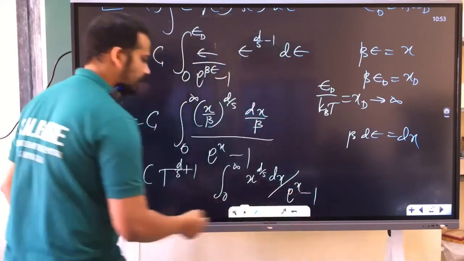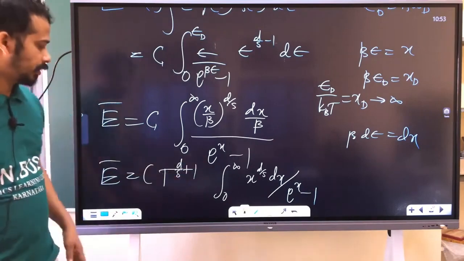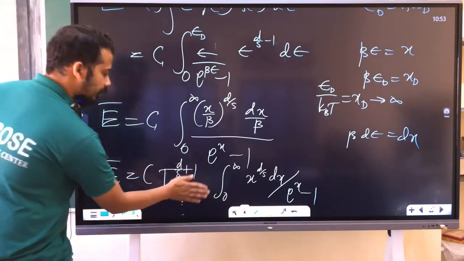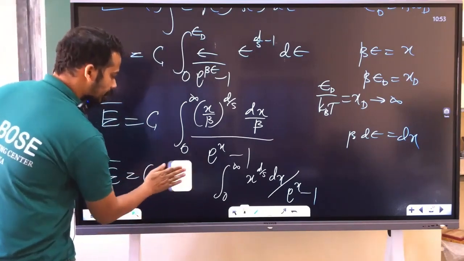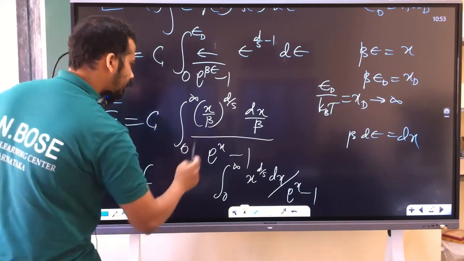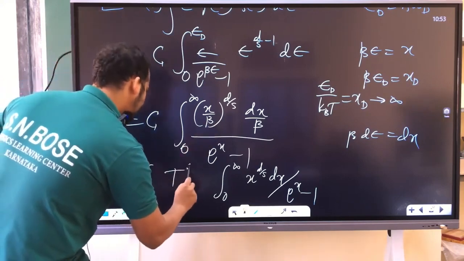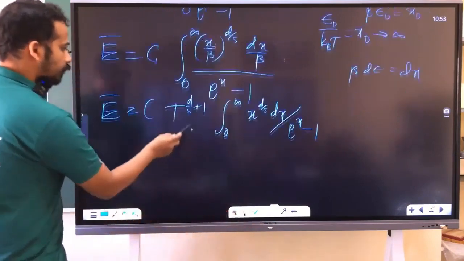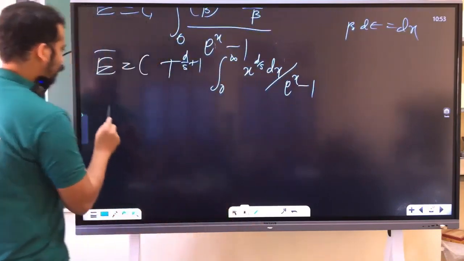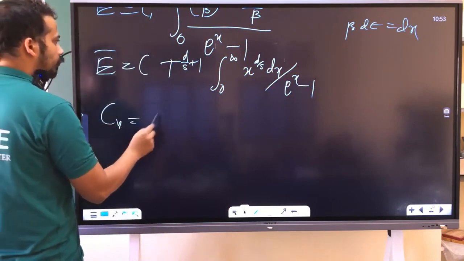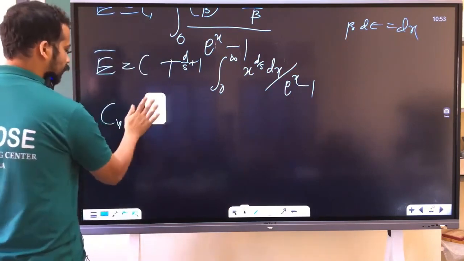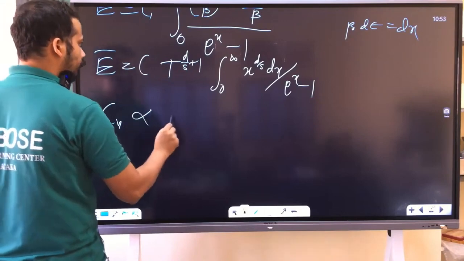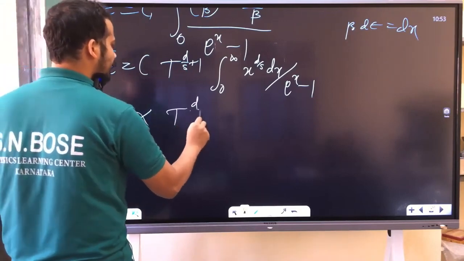This is a Riemann zeta integral. That's one constant. Am I right? What you need is only the temperature term outside, isn't it? So the average energy goes as T power d by s plus 1. Then what you need? Specific heat is proportional to T power d by s.